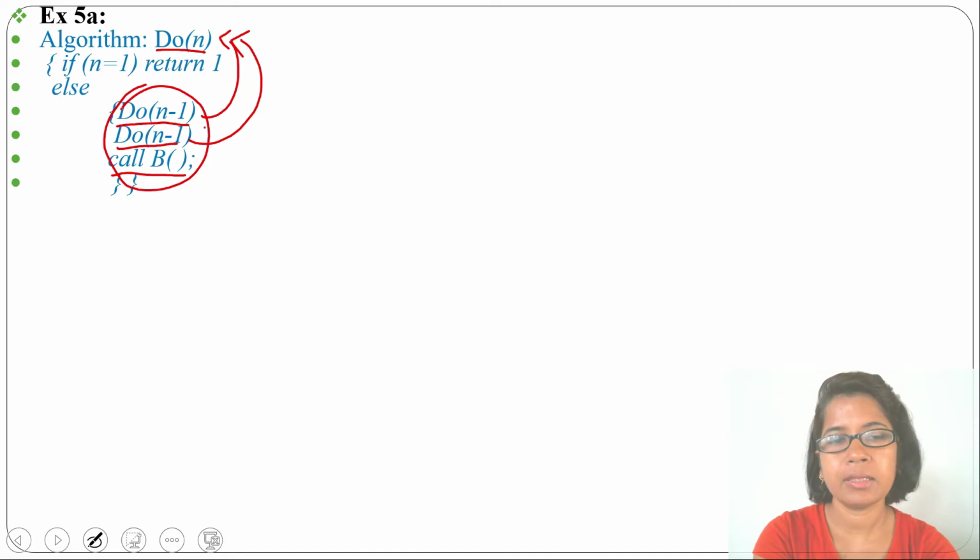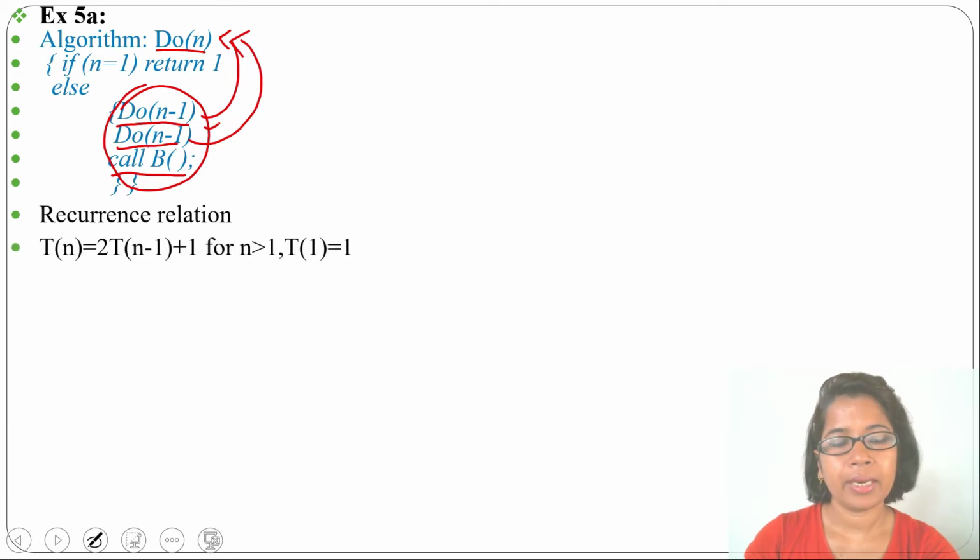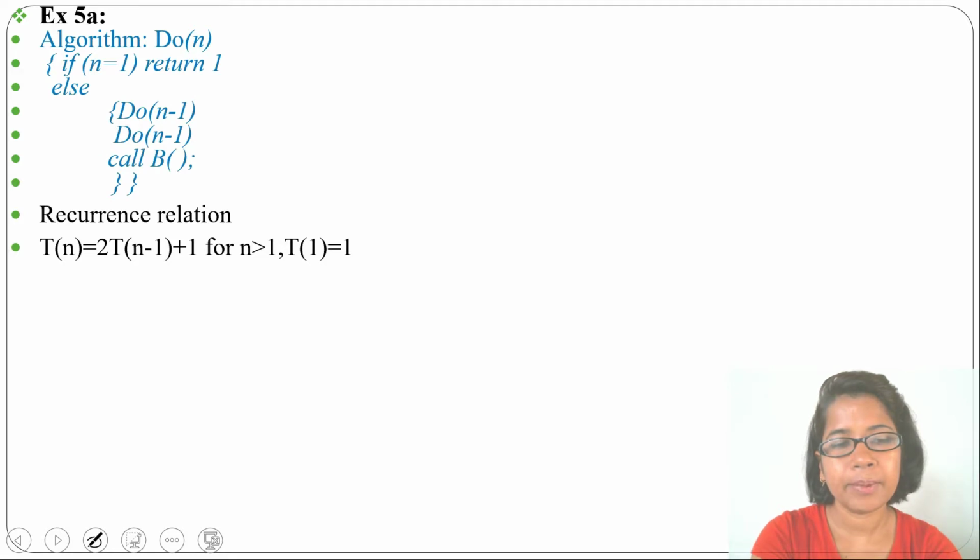We can represent this basic operation in a recurrence relation. So its recurrence relation will be T(n) equals 2T(n minus 1) plus 1. If this B function's running time is big O of 1, some constant, then you can write 1 here.